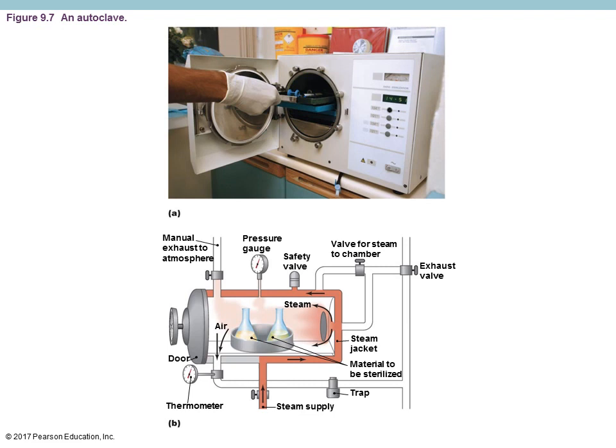And so you heat up the steam, and it's going to be in that outer jacket that will heat the water up to produce the steam. There is going to be, like I say, a pressure gauge. There's also, on all of them, a safety valve so that if the pressure gets up too high, it can release that.